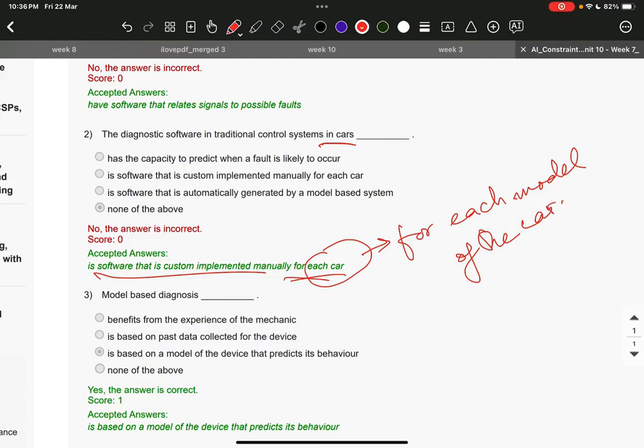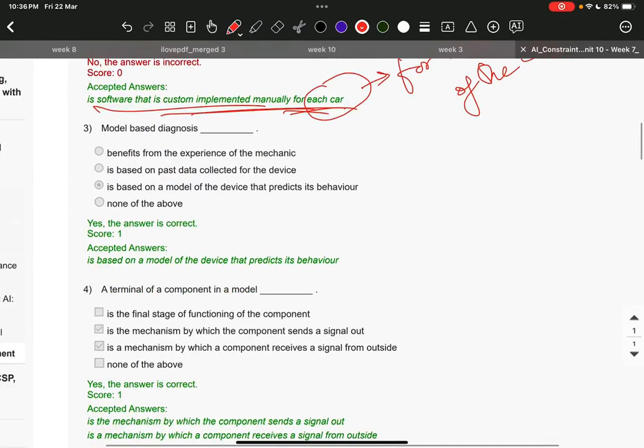Understood? Model based diagnosis is based on a model of the device that predicts its behavior.